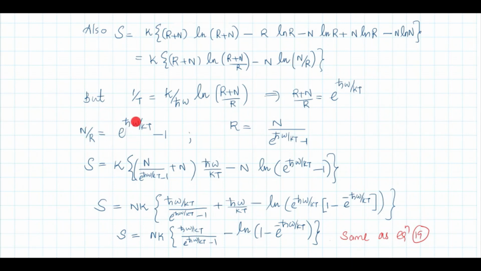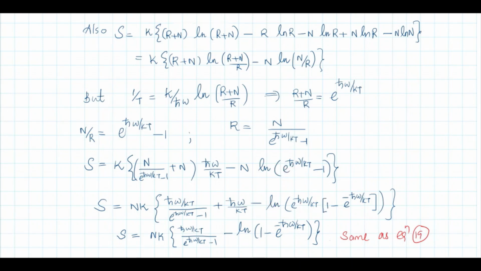N by r is here, so logarithm of that quantity. So S is equal to, this n you can take outside, nk into the first term you have ħω by kT divided by (e raised to ħω by kT − 1). N already taken outside, then ħω by kT minus this, you can write it as, take e raised to ħω by kT outside, then it is log e raised to ħω by kT.